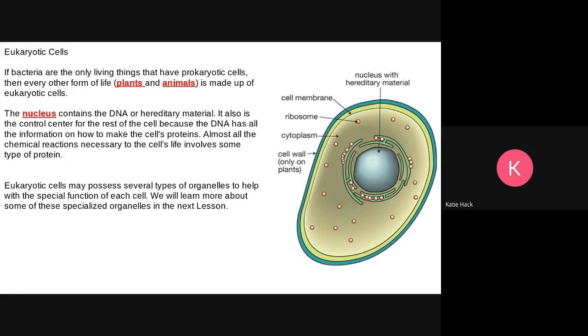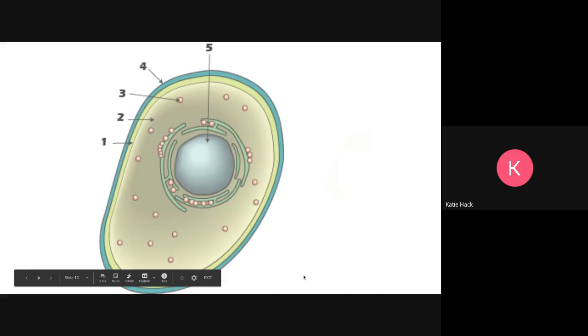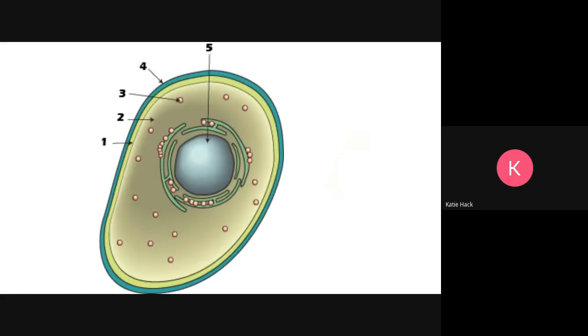Okay, so let's go through. Number 1 is going to be the cell wall. And then the material inside the cell is the cytoplasm.